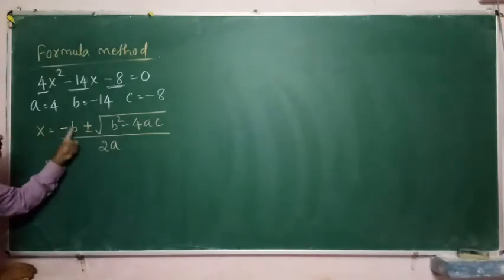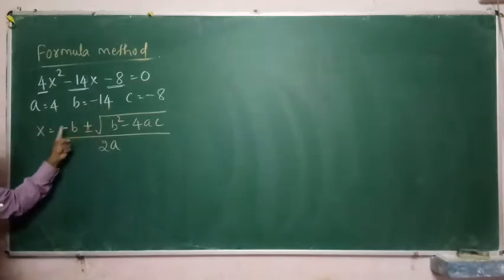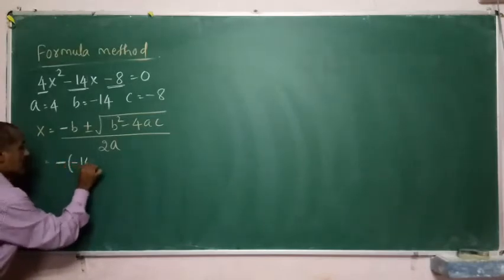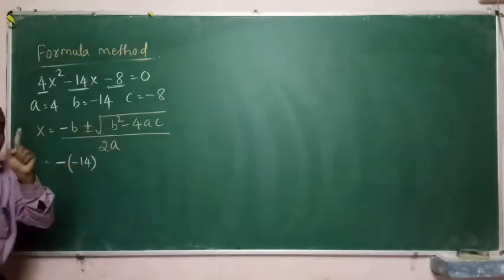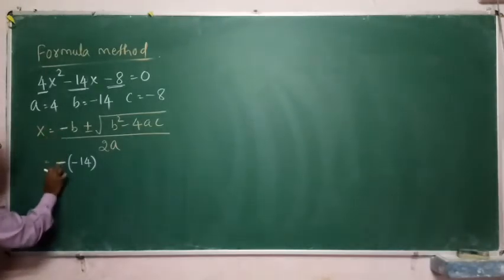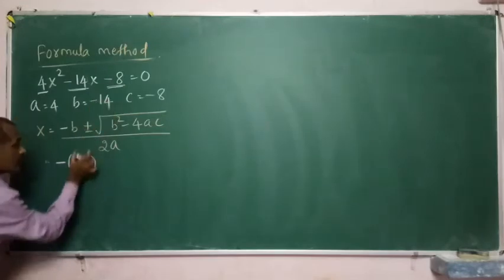The value of b is again minus 14. Two minuses are there. One minus from the formula I have written here. B itself is minus 14, so I will write here minus 14. Don't get confused why there are two minuses. One minus is from the formula and another minus is the value of b, minus 14.